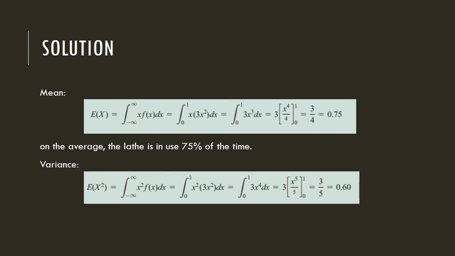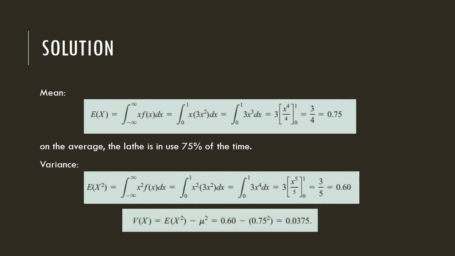Simplifying x squared times 3x squared, we have 3x to the 4th. So when we integrate 3x to the 4th, we get 3 times x to the 5th over 5 evaluated between 0 and 1, and that is equal to 3 over 5 or 0.60.